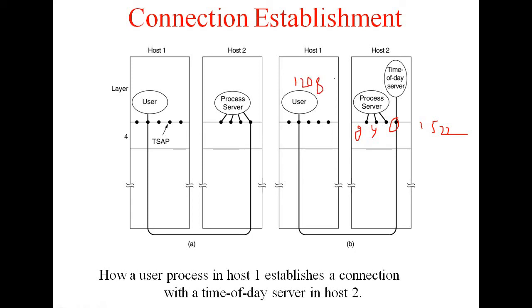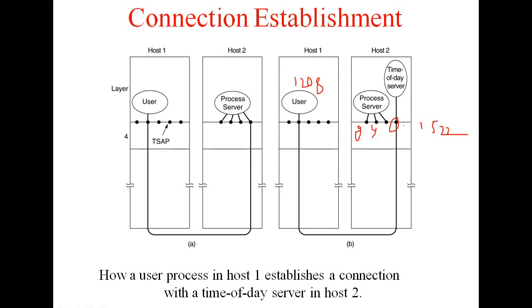We already know the primitives of this transport protocol, like listen, connect and so on. That will be done here. When host 2 wants to attach itself, first it will execute the listen primitive.